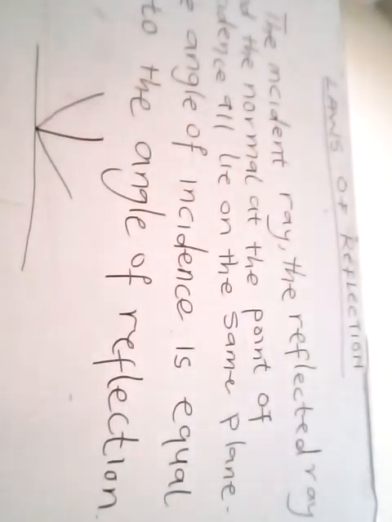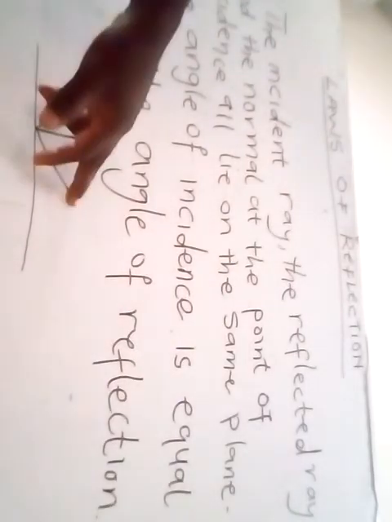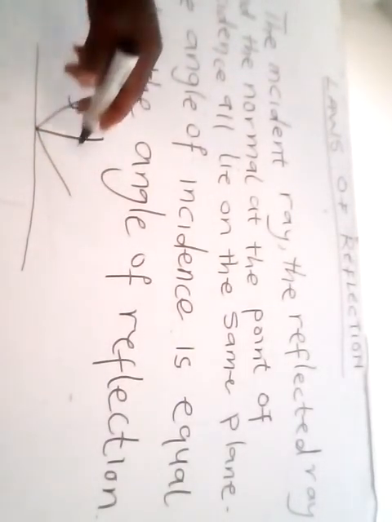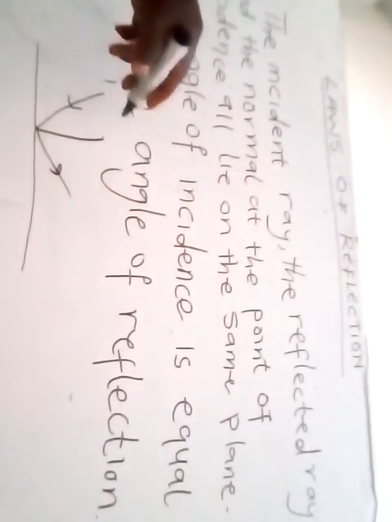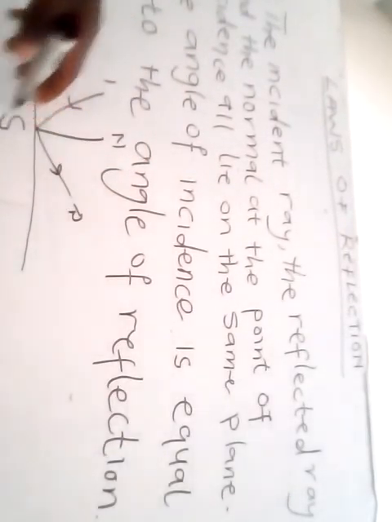Okay, so let's go to the laws of reflection. One is the incident ray, the reflected ray, and the normal at the point of incidence all lie on the same plane. So incident will be noted by I, the normal is N, R is the reflected ray, and S is the surface.